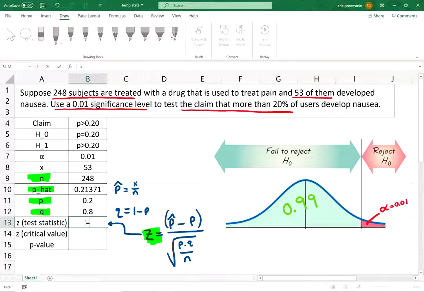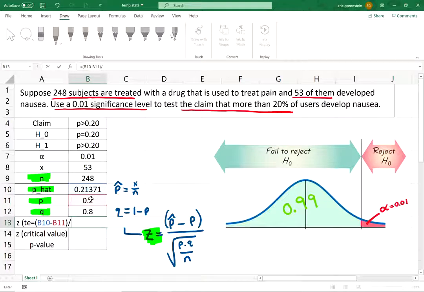So let's say equal parentheses P hat minus P. So P hat, I'm going to click on P hat, that's B10, minus P, which is B11. Close the parentheses.